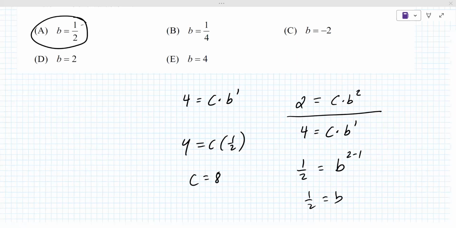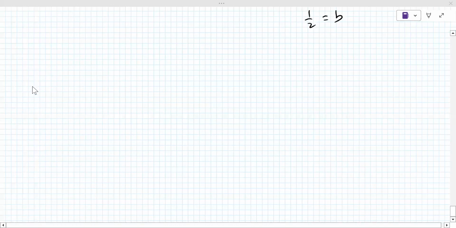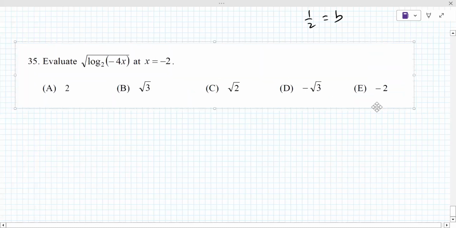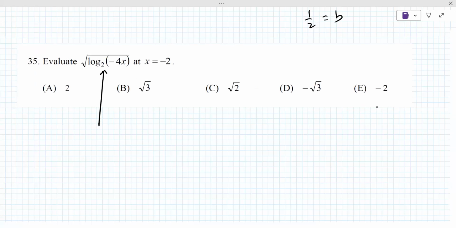35. Okay. Evaluate. What kind of calculator are you using? TI-84 plus, yeah. Everything's a plus now. The TI-84 has a base 2.